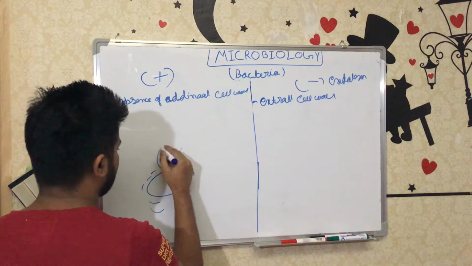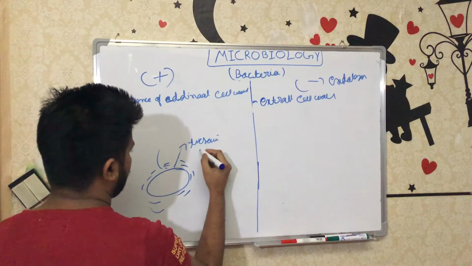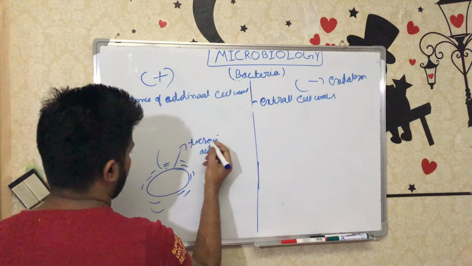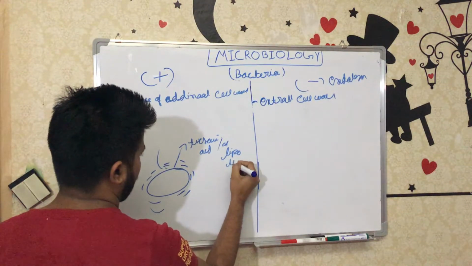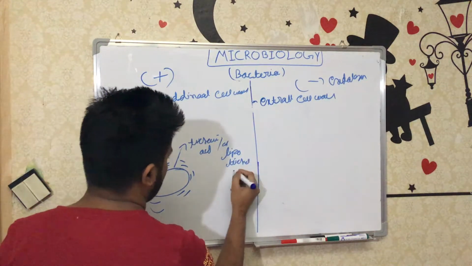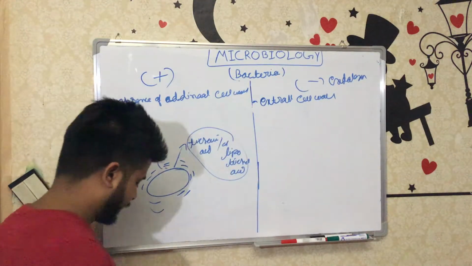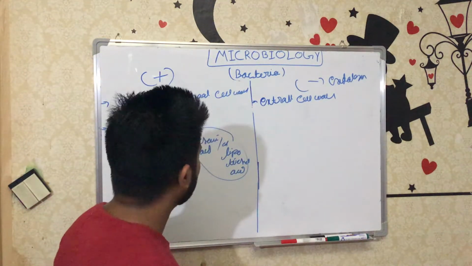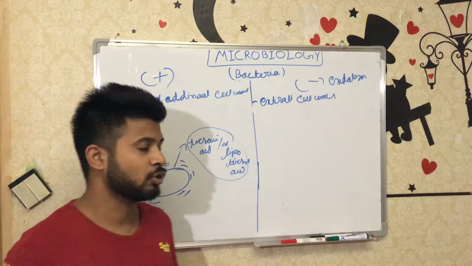In the peptidoglycan, this is the teichoic acid, or lipoteichoic acid. Actually, the main function of the teichoic acid and lipoteichoic acid is still unknown.